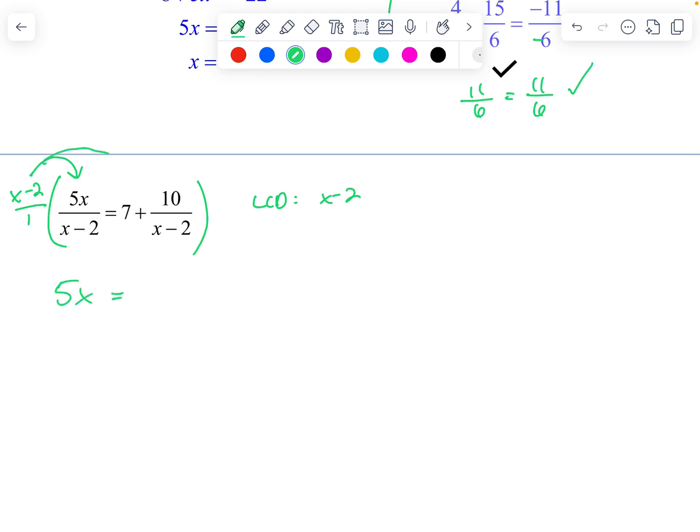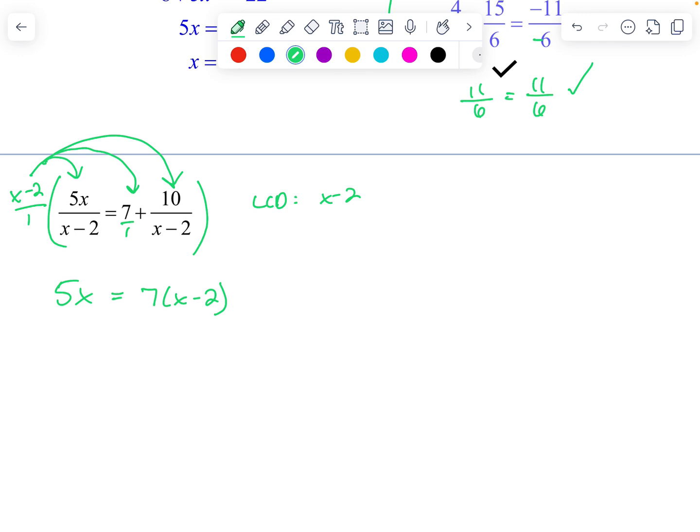If I do the same thing, distribute that to my 7. My 7 doesn't have a denominator other than 1, so nothing's going to cancel here, it's really just multiplying 7 into that x minus 2, which for now I'll just write as 7 times x minus 2. And then I'm going to distribute x minus 2 into 10 over x minus 2.